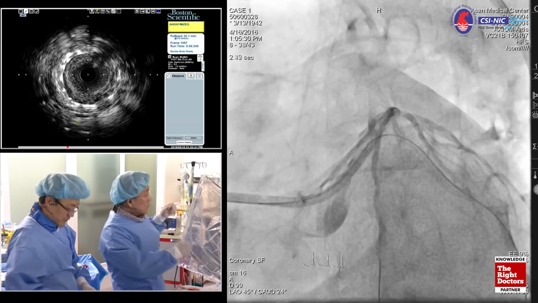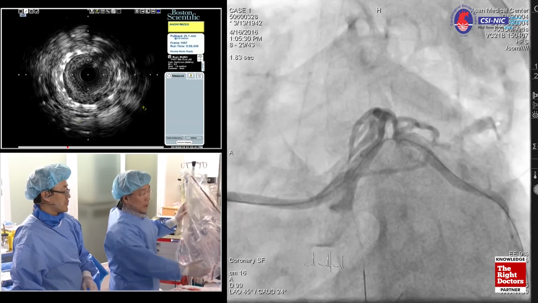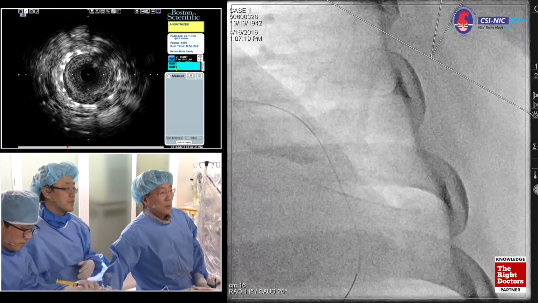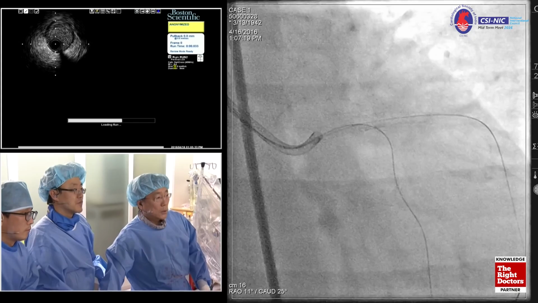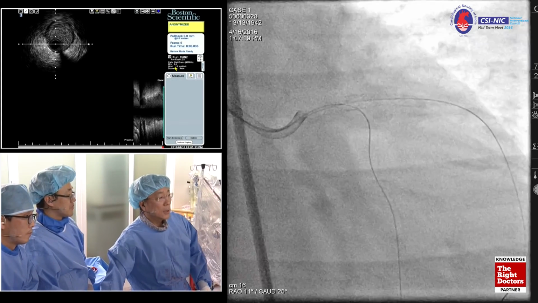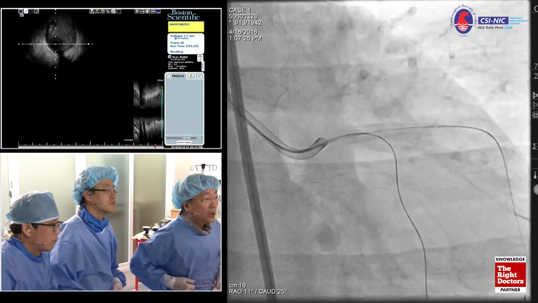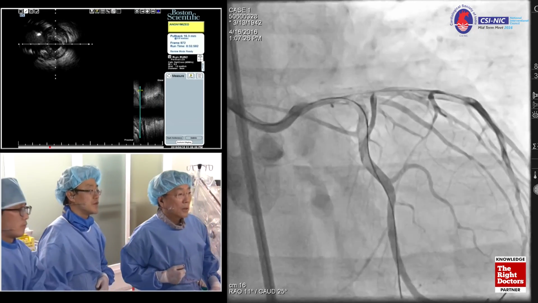Okay, so caudal view. We want to take another picture for that. Okay, that one, you can clearly see the bifurcation area. What do you think?